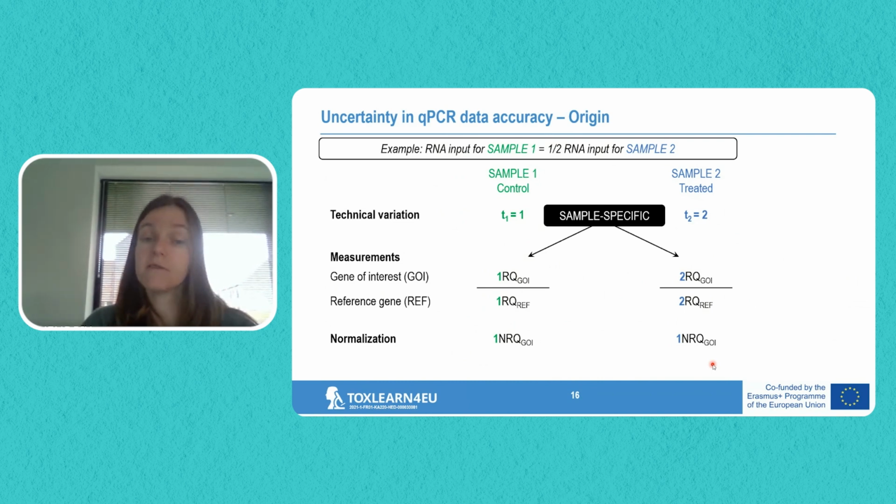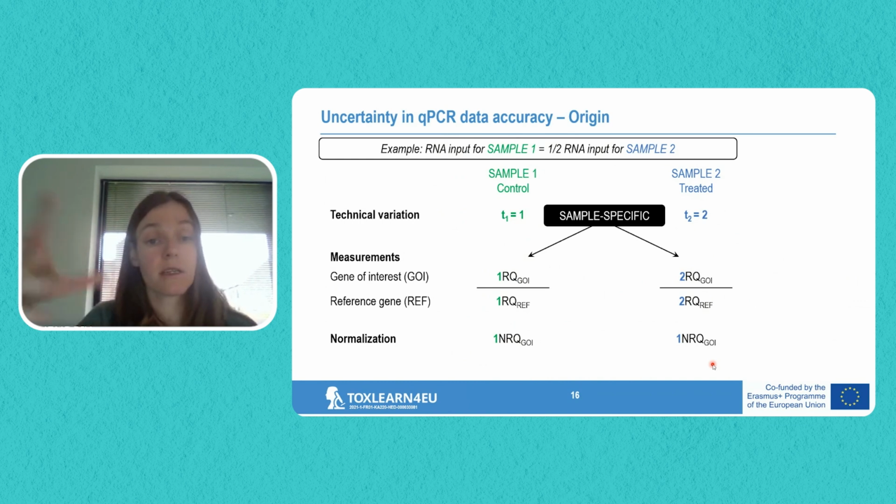In this case, if you would have not performed this normalization, it might have looked as if the expression of the gene of interest was twice as high in sample 2 compared to sample 1. But actually, biologically, this is not the case. The expression of this gene maybe was the same between both samples, but it's just because there was a different RNA input that this made it seem as if the expression of the gene was higher in sample 2 compared to sample 1.